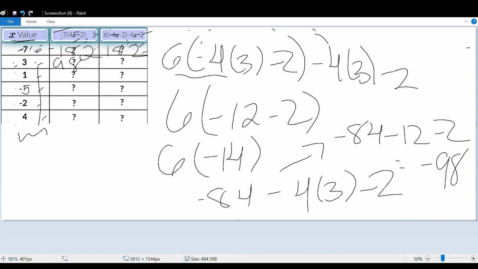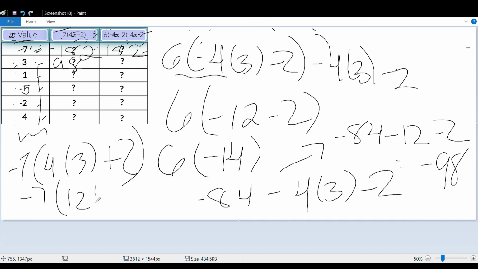Yes, we definitely did. We forgot to distribute the negative in front of the 7 to the parentheses. We just did the 7 distribution. We have to do -7 times 4 times 3 plus 2. That's -7 times 12 plus 2.